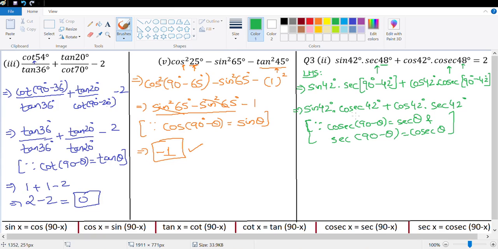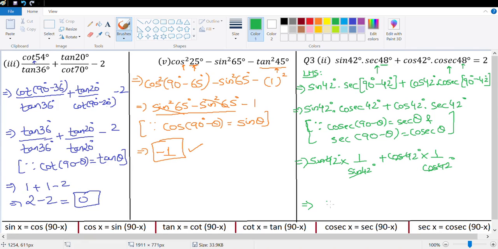Now cosec we know is the reciprocal of sine. So this is sine 42 degree dot multiplied with 1 upon sine 42 degree. Instead of cosec I have written sine, and this is cos 42 degree multiplied with 1 upon cos 42 degree. This gets cancelled, this gets cancelled.